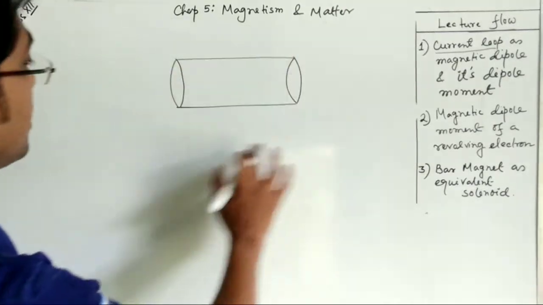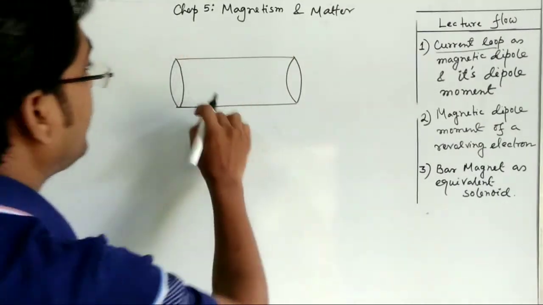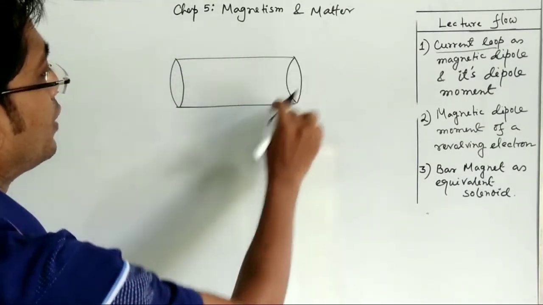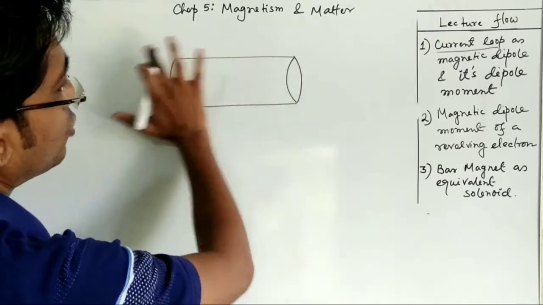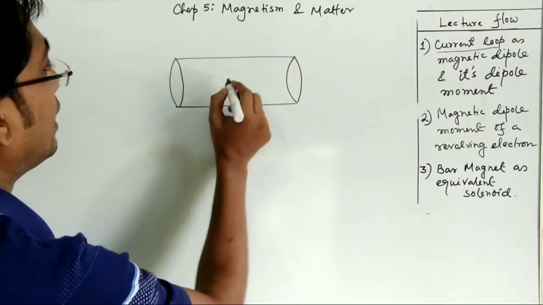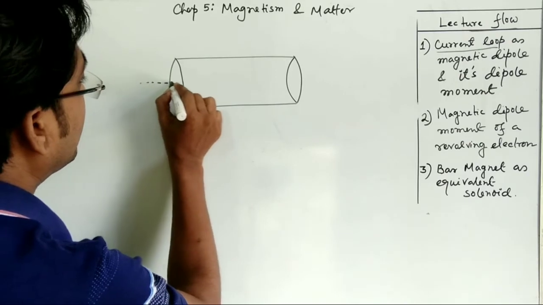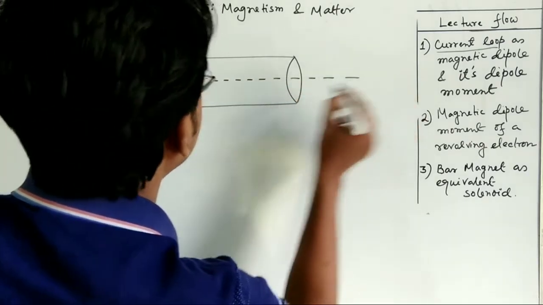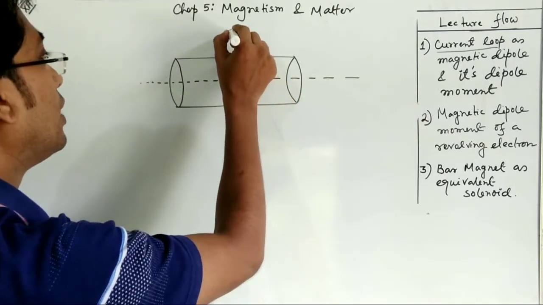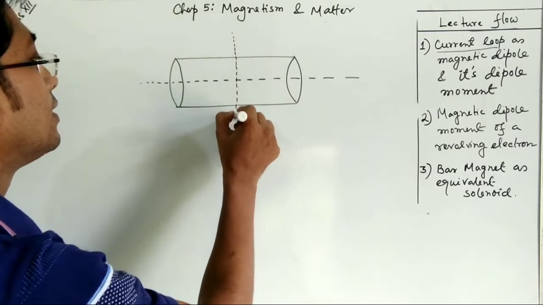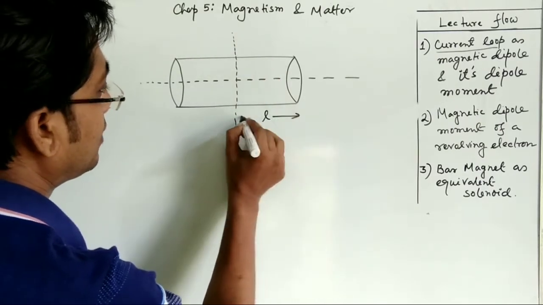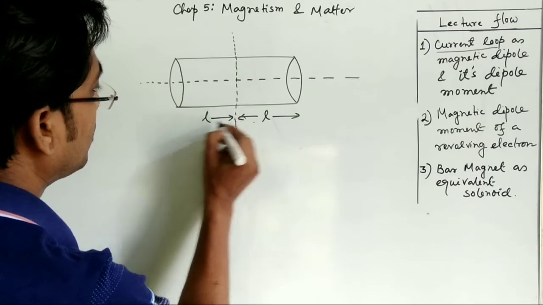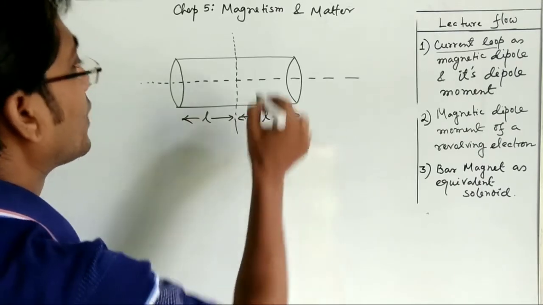Suppose this is a solenoid. We are not drawing each and every circular coil over this. So think of this as a solenoid, this is the axis, and this is the midpoint, with length L on each side.